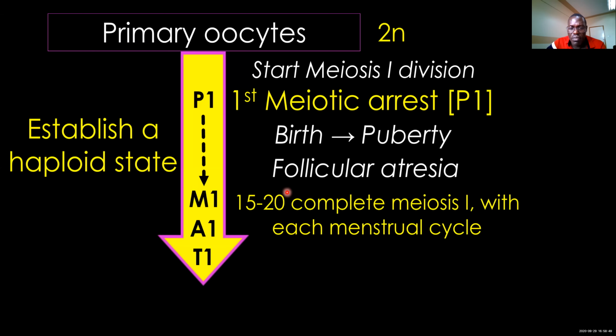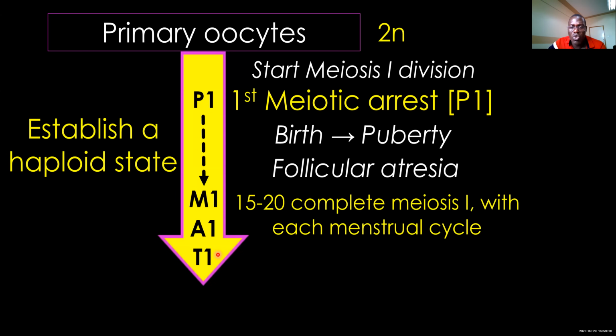Part of this stimulation involves completion of the first meiotic division, which means that the oocytes which were arrested at prophase 1, that arrest is undone, and so the oocyte can proceed to metaphase 1, anaphase 1, and telophase 1.